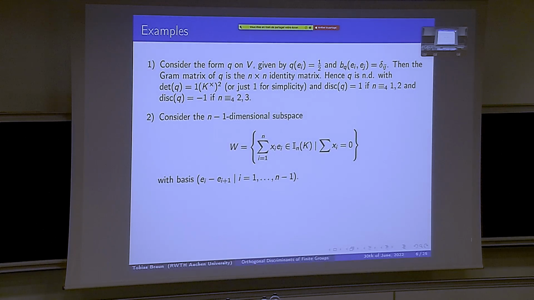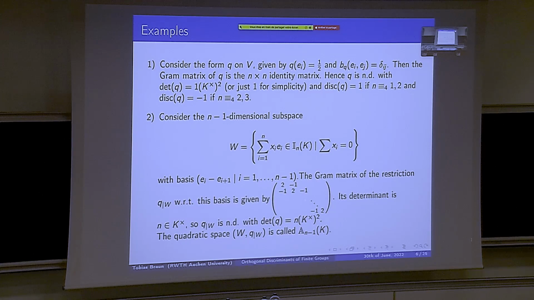And now, if you have this first space, you can consider a subspace in this first space, which we call W. This is just the linear combinations of the standard basis such that the coefficients sum up to 0. This is an n-1 dimensional subspace. You can now restrict the quadratic form Q to the space W, and you find that this will have this Gram matrix.